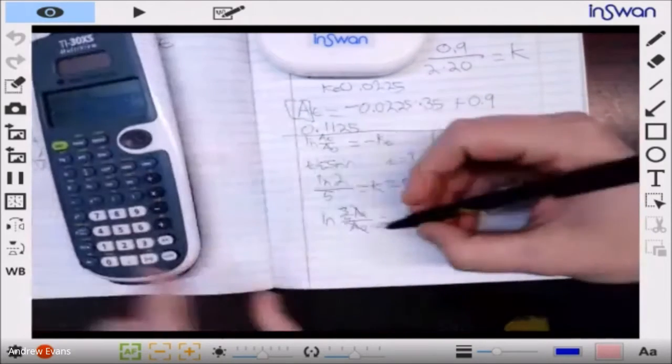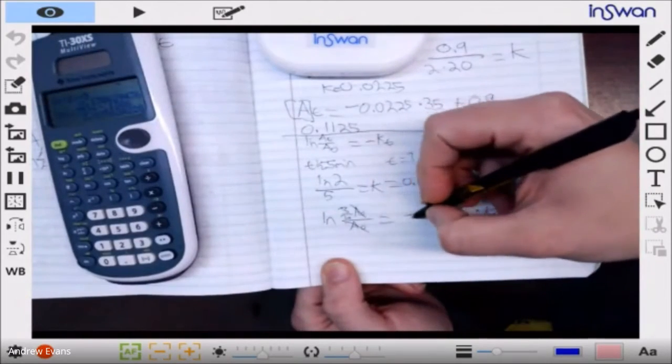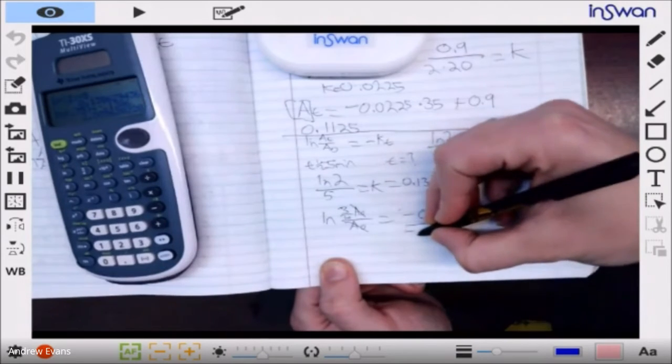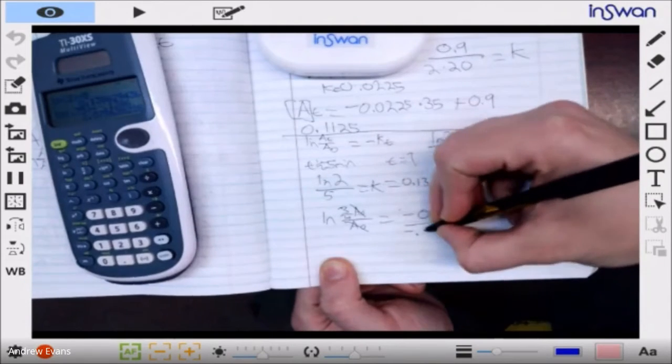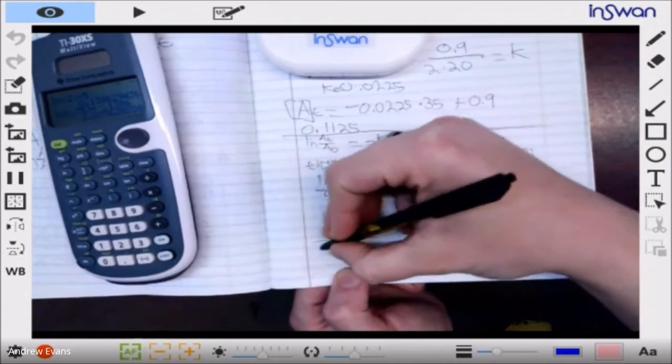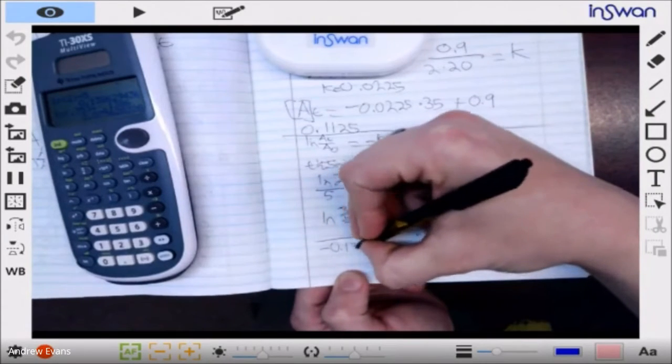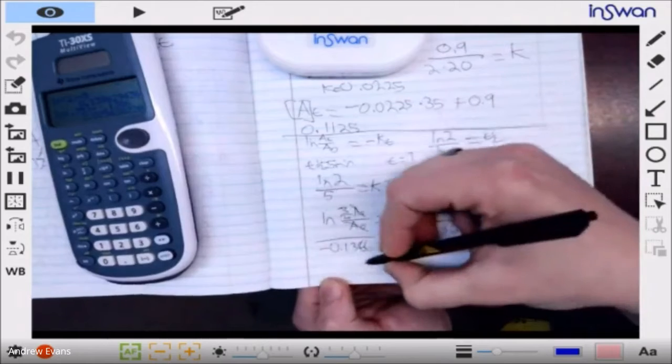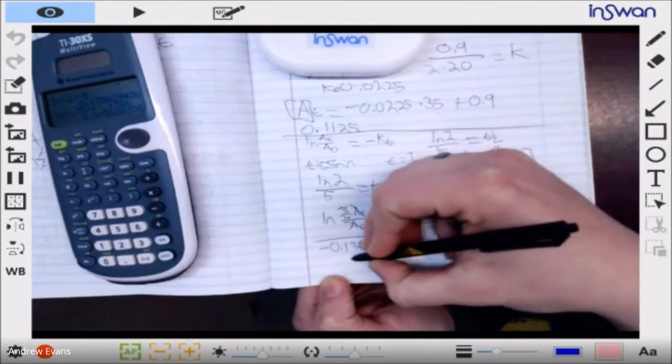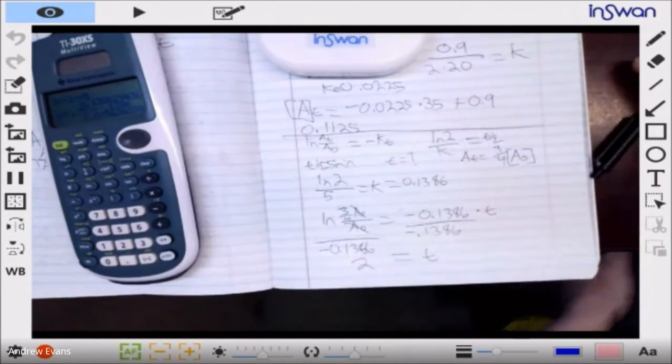And you get T equals 2. Basically, it takes 5 minutes to go through half, but it takes 2 minutes to go through a quarter.